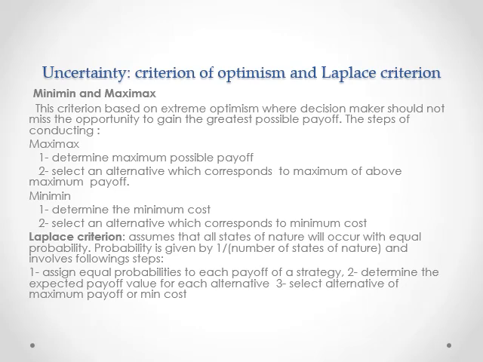From 1 up to 9 or up to 10, there are 10 maximums. Then the maximum of these maximums is 10. Then the alternative of 10 should be chosen, because it is the maximum of maximums.